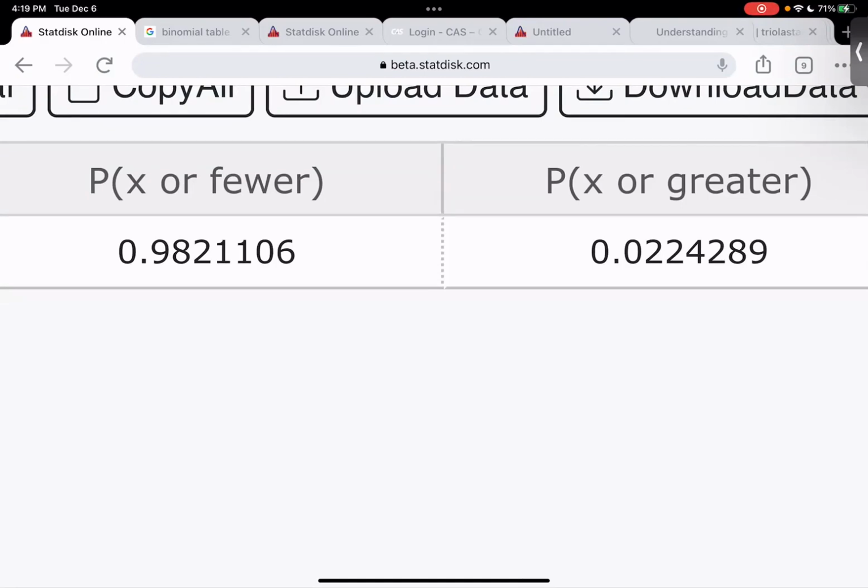This is the probability of x greater than or equal to 252. That means we are taking the summation from x equal to 252 all the way to x equal to 460, which is this one.